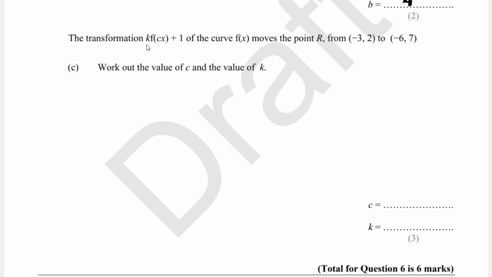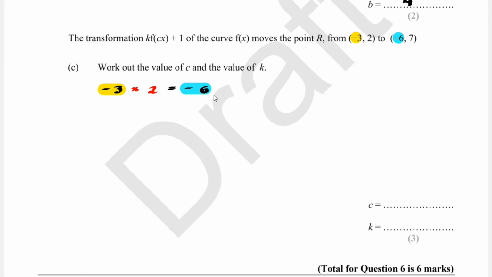The transformation k times by f of cx plus 1 of the curve f of x moves the point R from negative 3, 2 to negative 6, 7. For part C, we have to work out the value of c and the value of k. So, in the x direction, we are going from negative 3 to negative 6. Now, negative 3 multiplied by the 2 gives negative 6.